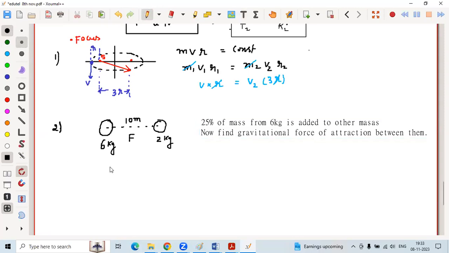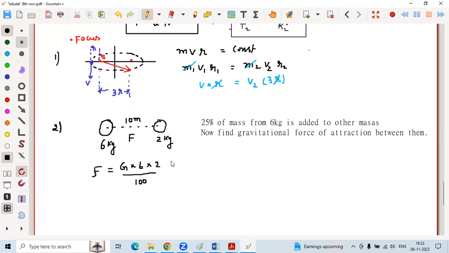When force is acting before removal of mass, F is equal to G, M is 6, this M is 2. What is the distance? 10. So distance square is 100.